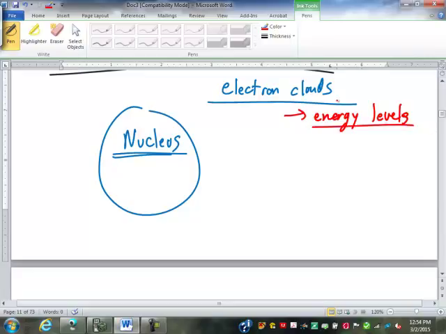This one's a little tough to explain, but basically it's an electron moving around the nucleus. Think of a planet orbiting around the sun. The Earth is orbiting around the sun, and it stays in its orbit for two reasons. One, it has adequate mass and velocity to keep it moving at the pace that it's moving in that path.